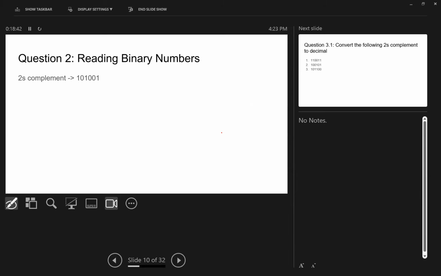And here is another problem. We are going to convert the twos complement notation back to the decimal notation. And actually, we can do the same steps for the twos complement. So what's the meaning of it?